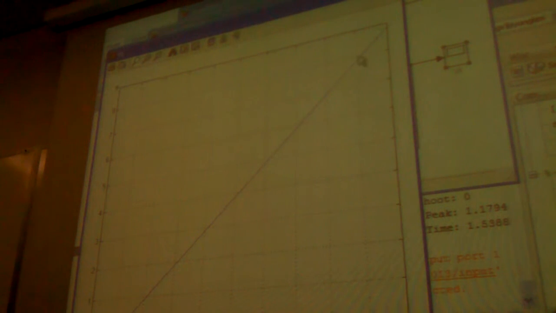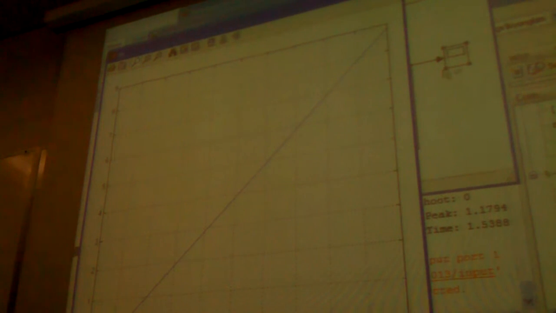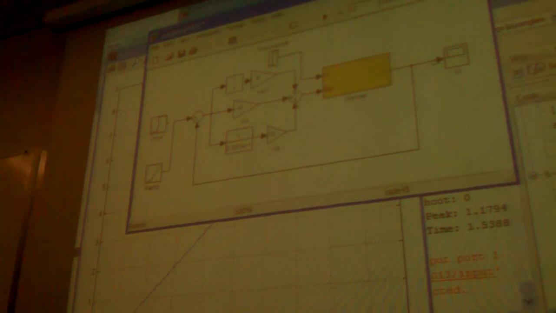What is the ideal? It would be a perfect slope of 1. So you can find here the ideal, and now I can use input and output together, right?